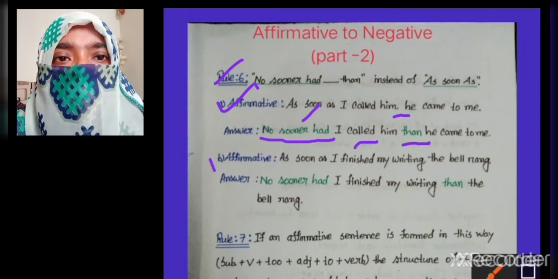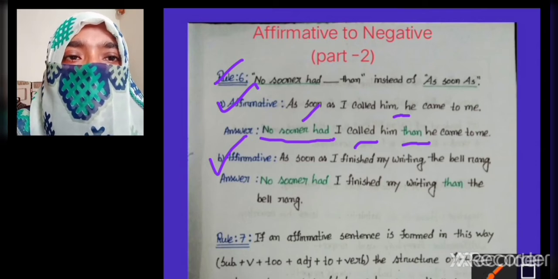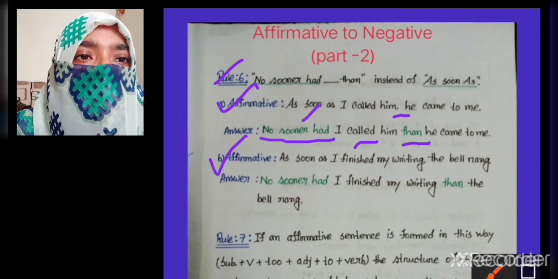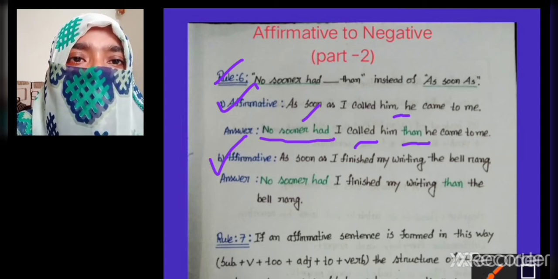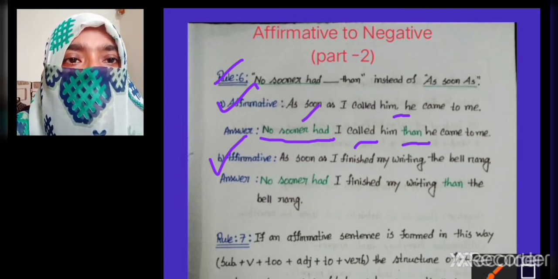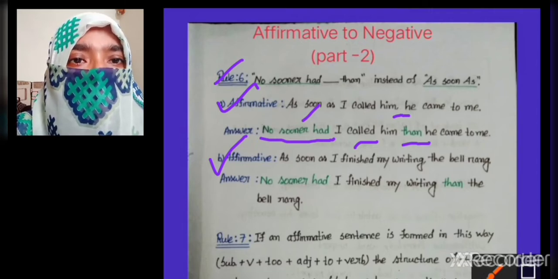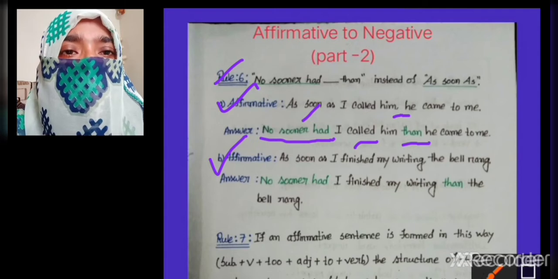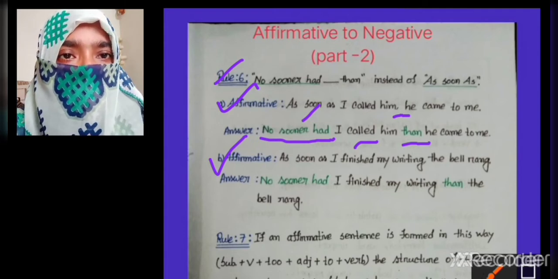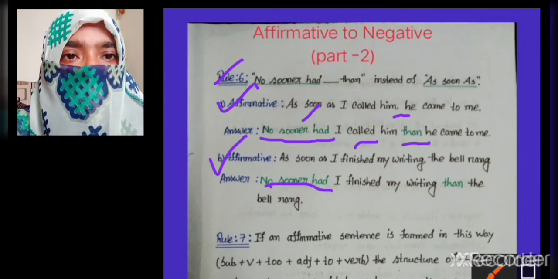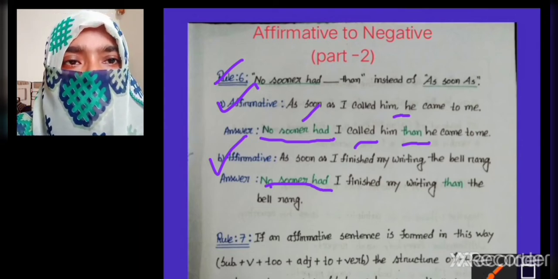Come to example number B. "As soon as I finished my writing, the bell rang." The negative answer is, "No sooner had I finished my writing than the bell rang." Here you can also see that I have used "no sooner had" instead of "as soon as".